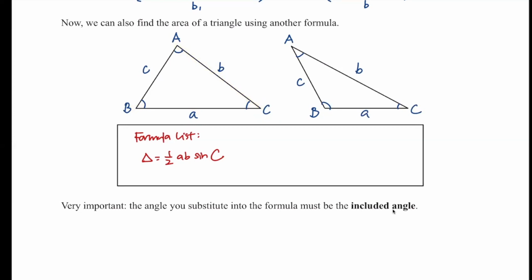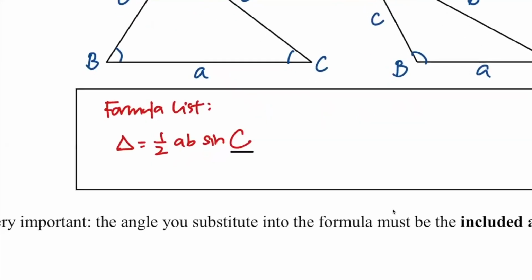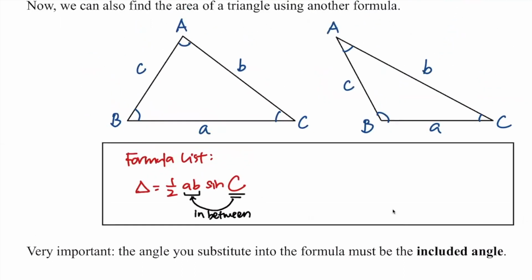But if you don't understand included, never mind. The key thing you must make sure you do is that angle C must be in between a and b. The angle that you put into the formula as C must be in between a and b.